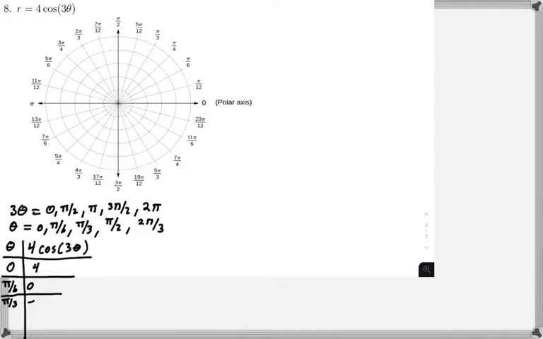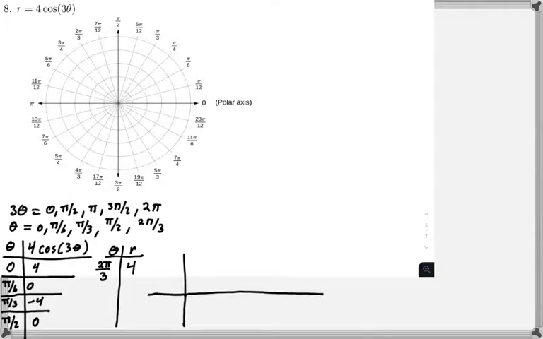So 3 times pi over 3 is pi. Cosine of pi is negative 1 times 4 is negative 4. And then pi over 2 gives us the cosine of 3 pi over 2, which is 0. And then one more, 2 pi over 3. Well, 3 times 2 pi over 3 would be cosine of 2 pi, which is 1 times 4 is 4.